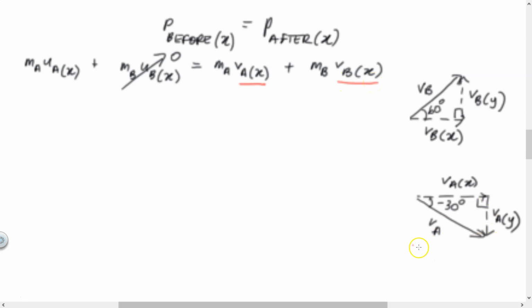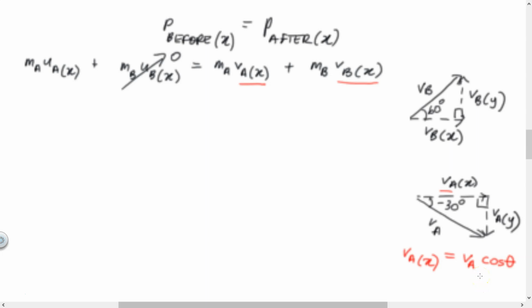So using trig, we can say that the final velocity in the x-axis is given by VA cos theta.